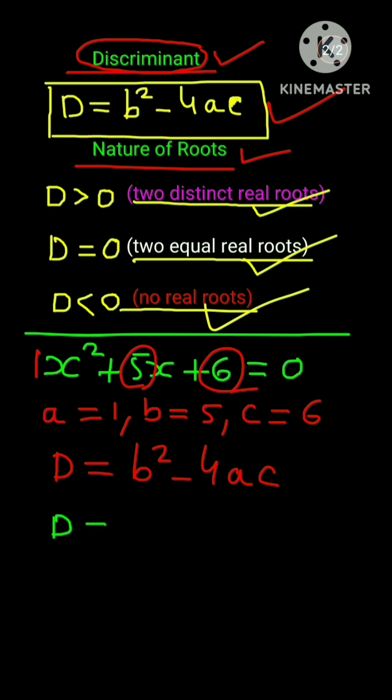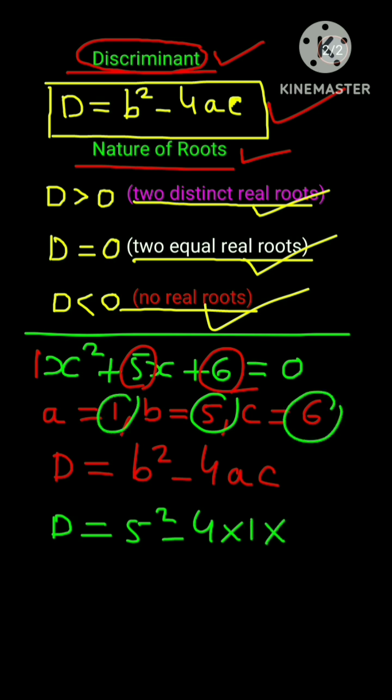Now d equal to, b equal to 5, so 5 square minus 4 into a equal to 1 into c equal to 6.